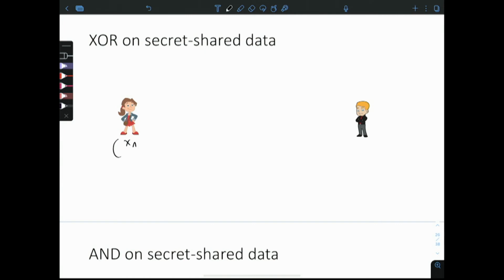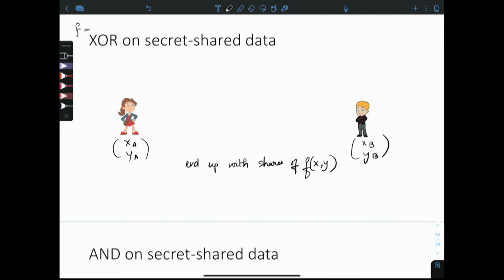Again, to begin with, Alice has XA, YA. Bob has XB, YB. The goal now is to end up with shares of the output. So suppose the function f is the XOR function. We want them to end up with shares of f applied to x and y, where x is XA XOR XB, combining their two shares, y is YA XOR YB, and you want them to end up with this.